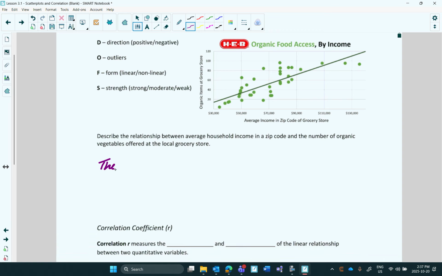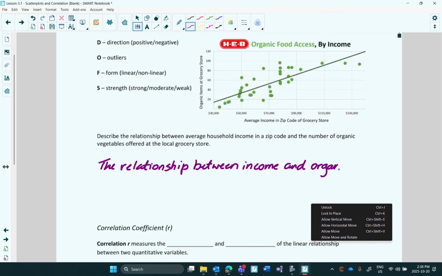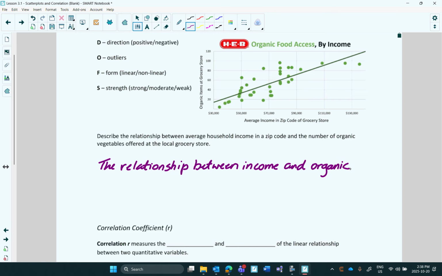If we were to describe the relationship between income and organic items offered, now you can deal with three of the four in one sentence.